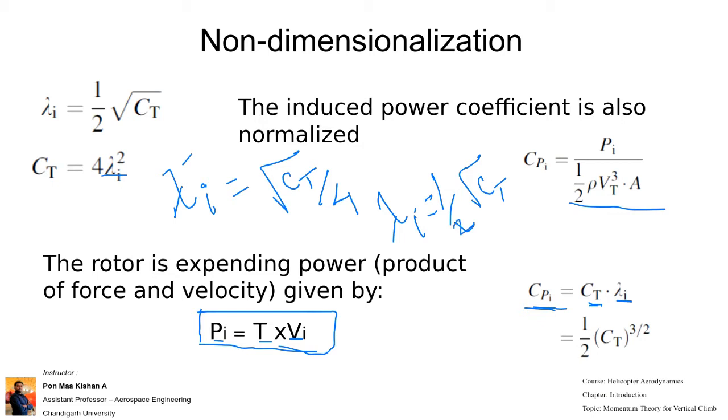Substituting this value in here, we have a power of 3 by 2, so this is 1 by root 2, and we will be having Cpi. So the induced power required is proportional to Ct to the power 3 by 2. So coefficient of thrust is required.